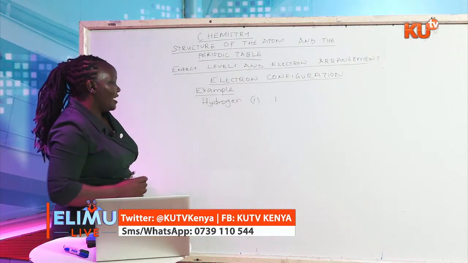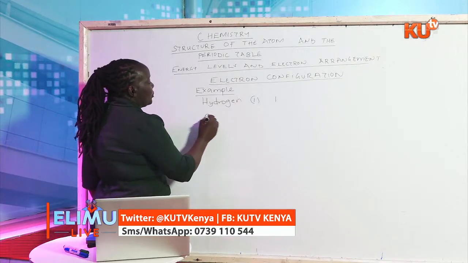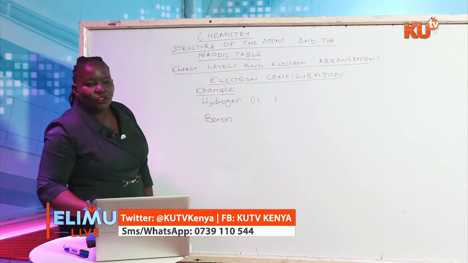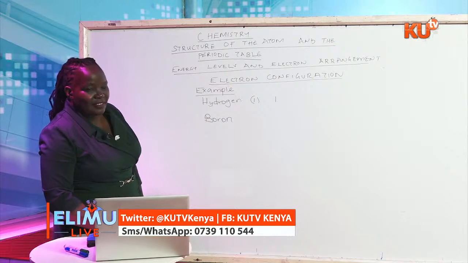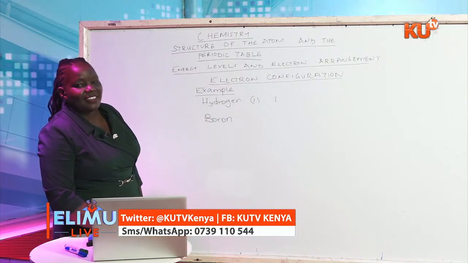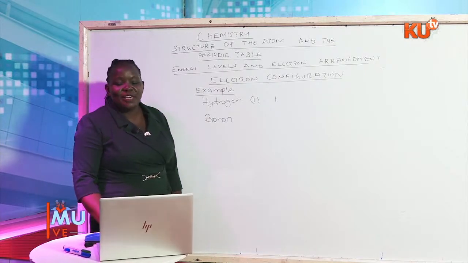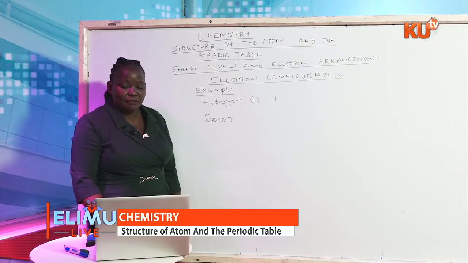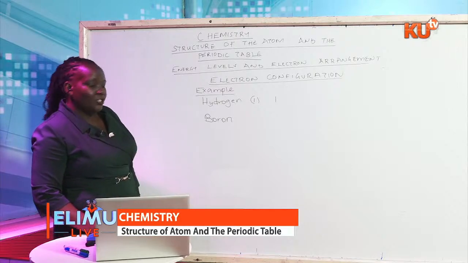Let's look at another element, boron. What is the atomic number of boron? Good. The atomic number of boron is 5. It means that it has 5 electrons in its atom.